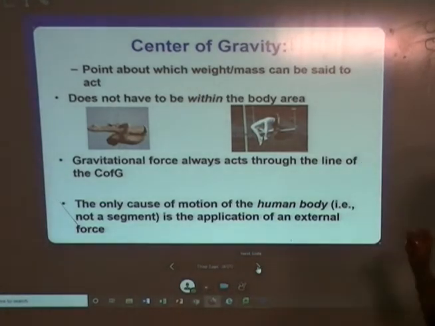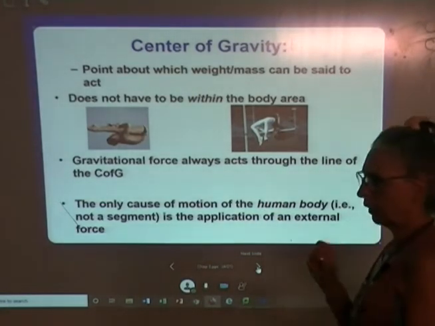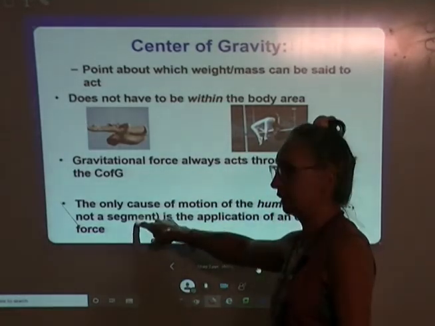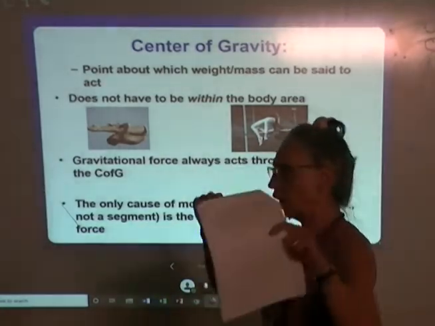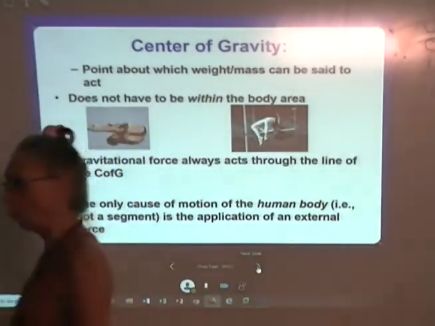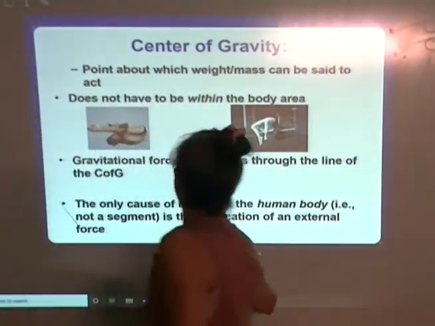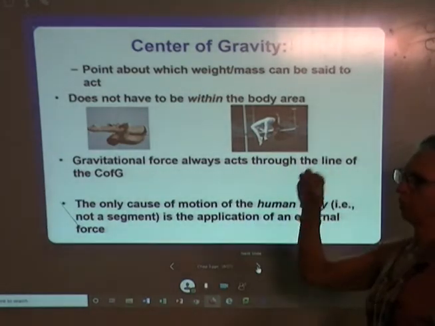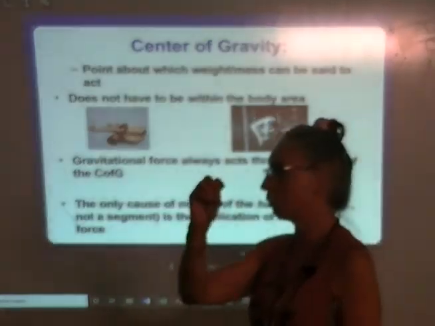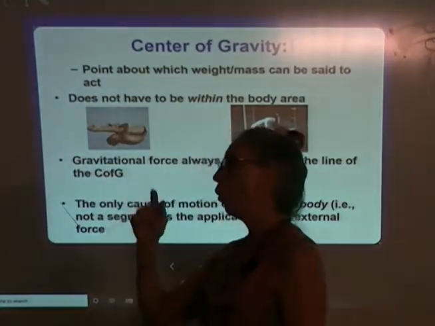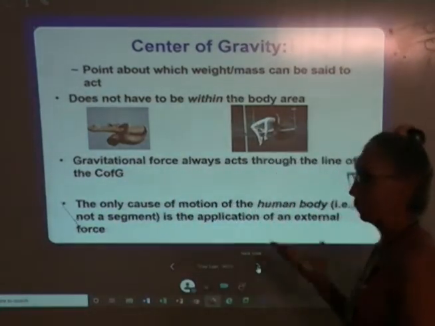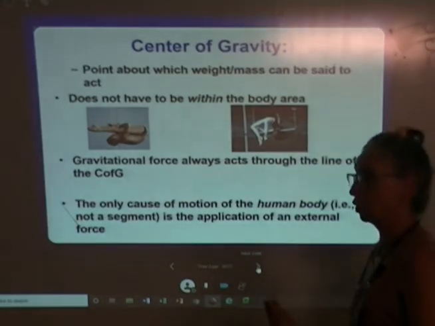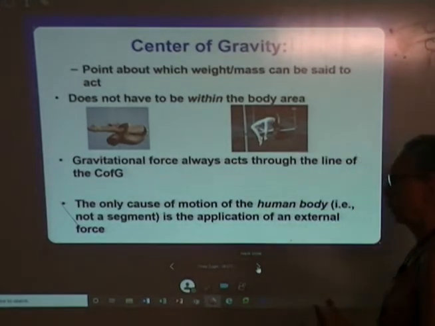And in this case, we're not talking about a segment, I'm not talking about an arm, I'm talking about my body as a whole. Where the center of gravity is in relation to the line of the force production alters the kind of movement that we see. Is it linear or is it rotational?